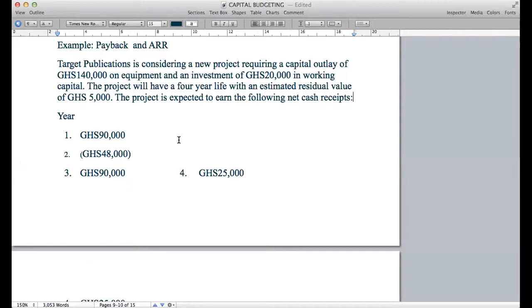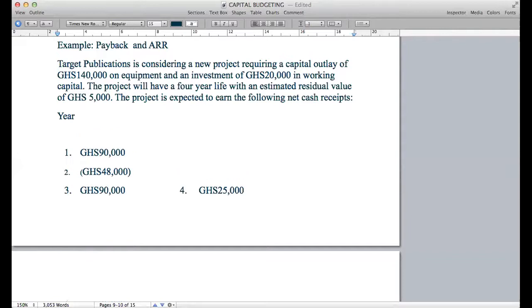In year 4, an amount of 30,000. So in year 3, sorry, it's year 3. So that's the note. Look at where I'm typing the notes.